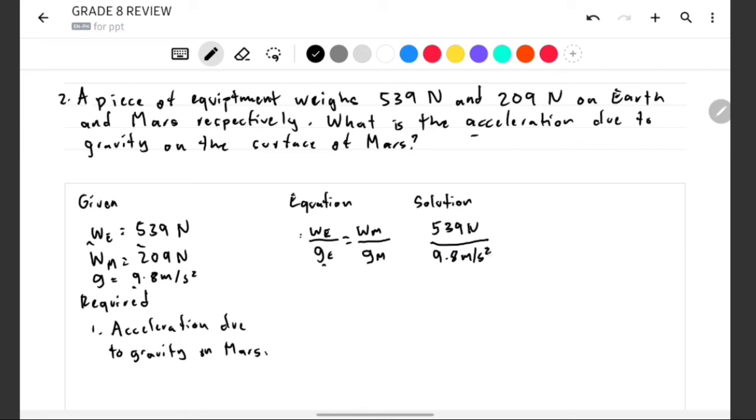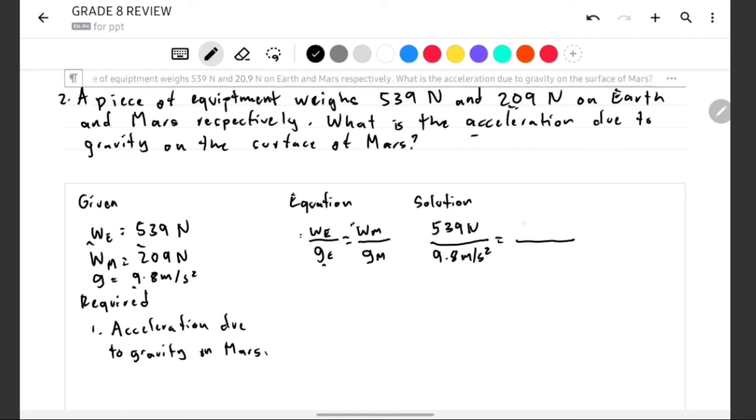Sorry, hindi ko nabanggit yung square, pero lagi niyong tandaan, kapag acceleration due to gravity, meron siyang squared sa taas. Or else, velocity lang siya. Now, the second one, na given, the weight on Mars, meron tayong given dyan, which is 209 newtons. Ito yung wala tayo. Gravity on Mars, or yung acceleration due to gravity on planet Mars.